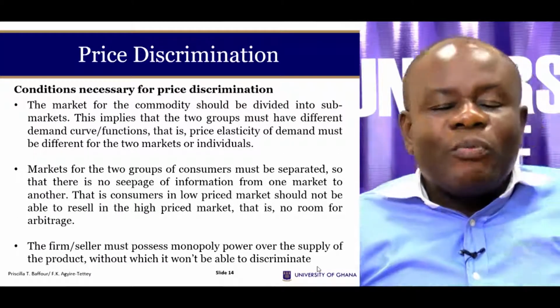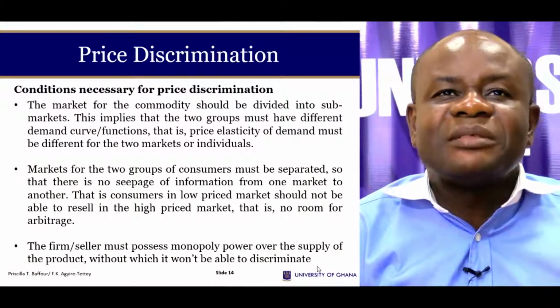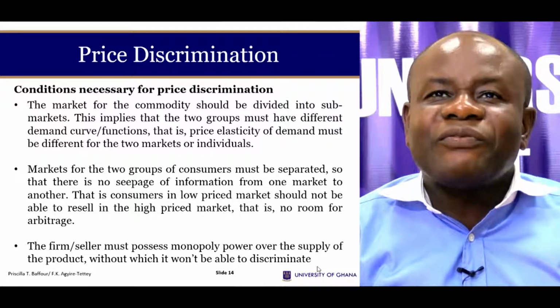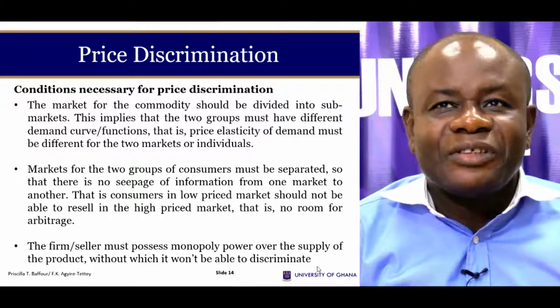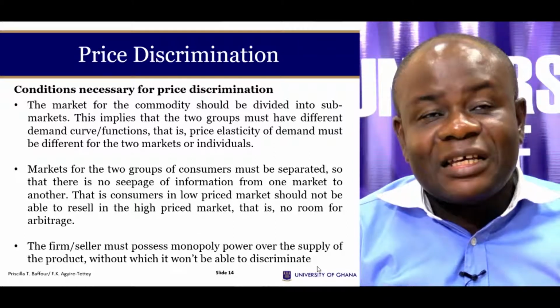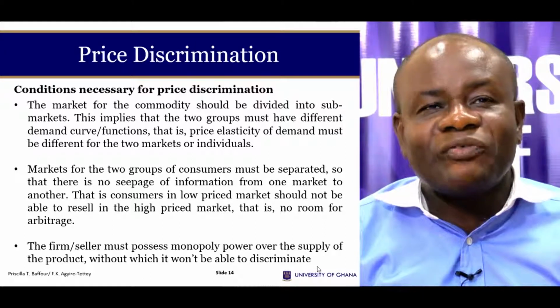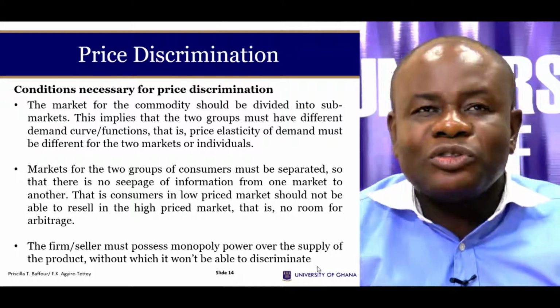Now, for the monopolist to be able to discriminate, some conditions must be in existence. First, the market for the commodity should be divided into 2 sub-markets, or 2 markets. If the monopolist is unable to distinguish between these 2 markets or divide the market into 2 parts, then the monopolist will not be able to discriminate.